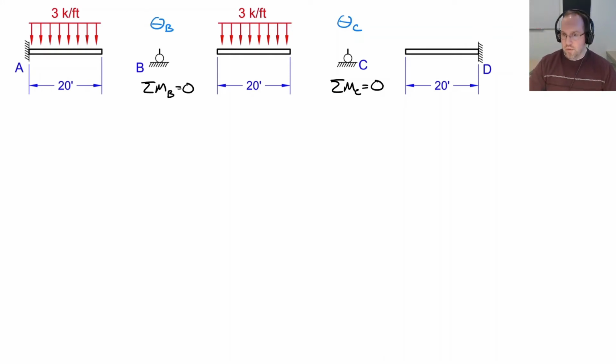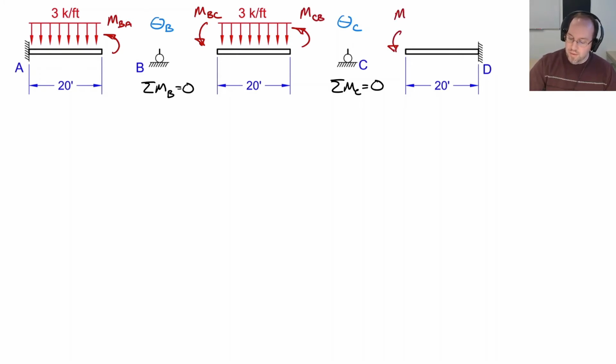Now let's look at what those moments are at B and C. At B, we can have a moment here, and we'll call this MBA. That's the far moment on AB. And we'll have another moment here, MBC, which is the near moment on segment BC. Likewise, at location C, we'll have 2 moments. This is MCB, which is a far moment, and MCD, which is a near moment for CD.